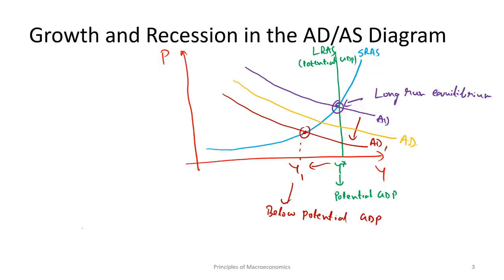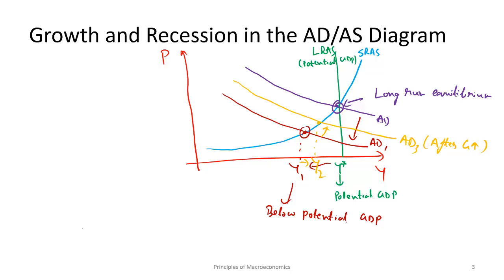So AD3 is after the G increase. G is your government expenditure. So your new equilibrium is Y2. Now we again start seeing an increase in GDP. The moment GDP increases, that's positive economic growth.